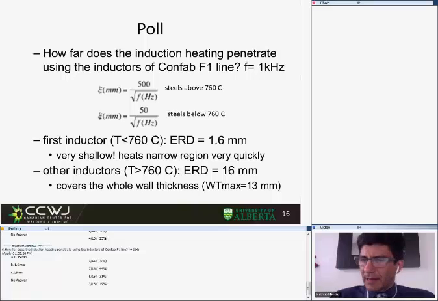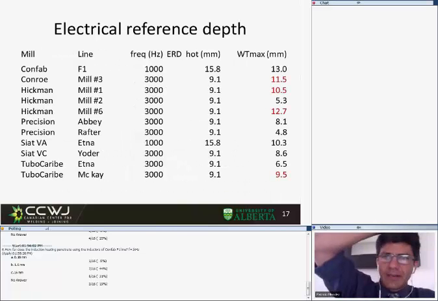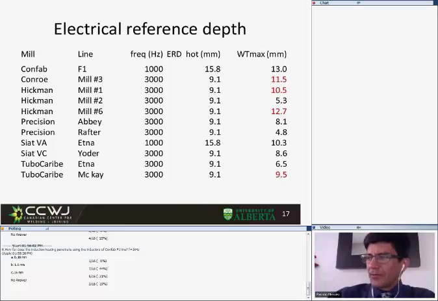So I did a little bit of a survey, and this will be my parting slide before the break. I did a survey with data that Deborah Tieppo gave me from the Tenaris mills. If you look at different mills and different lines, this column has the frequency that they would have.